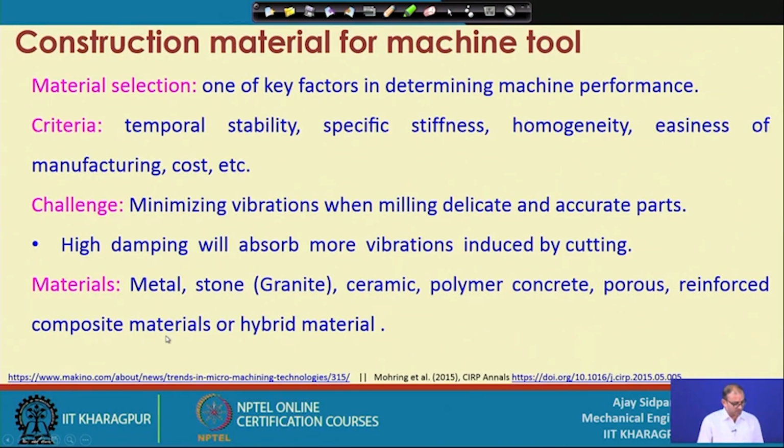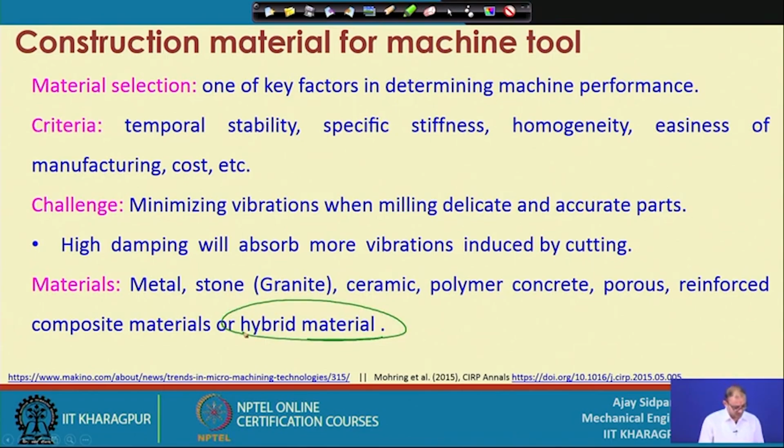And composite material, that means it is not completely a single material, but you are actually mixing two different materials, maybe two polymers or maybe different types of metal matrix composite, to reduce the weight and increase the total strength. And in some cases people go with a hybrid material, that means you mix two different materials to get the advantage of properties from both.